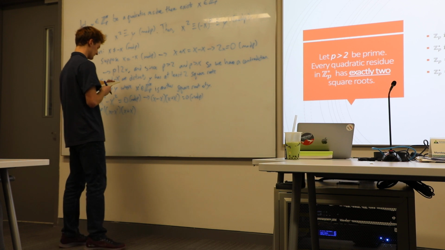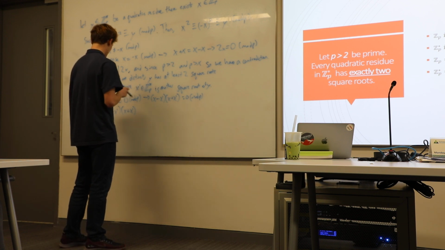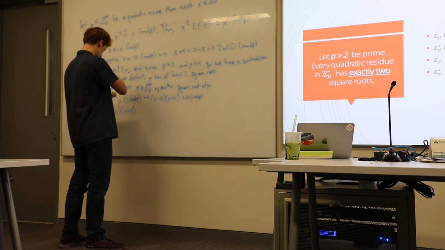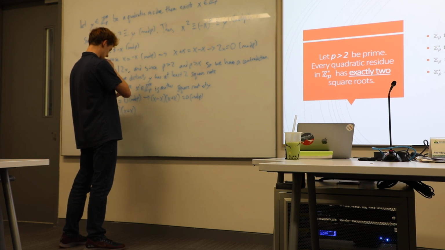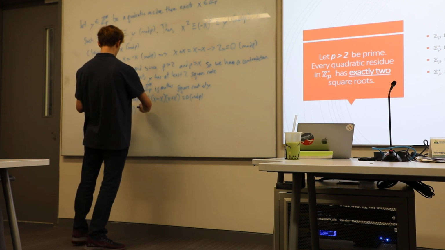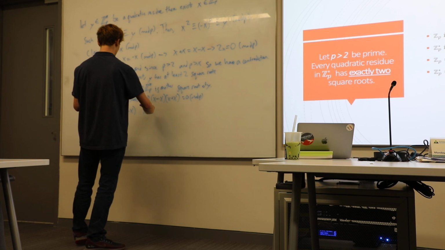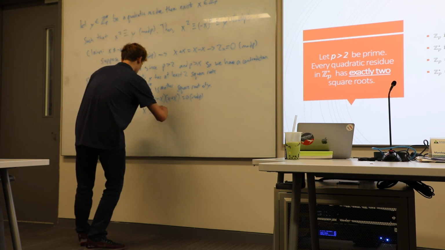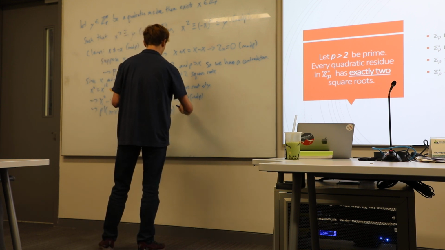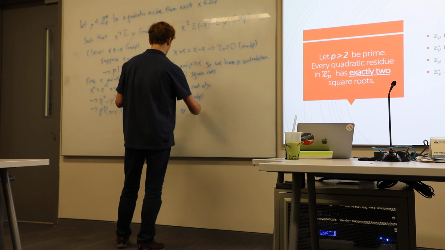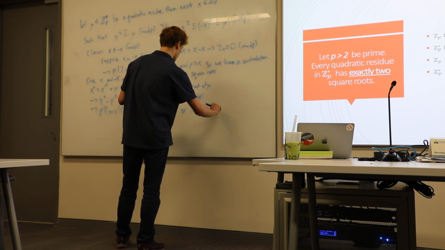And so that means that either x is congruent to x prime mod p, or x is congruent to negative x prime mod p.